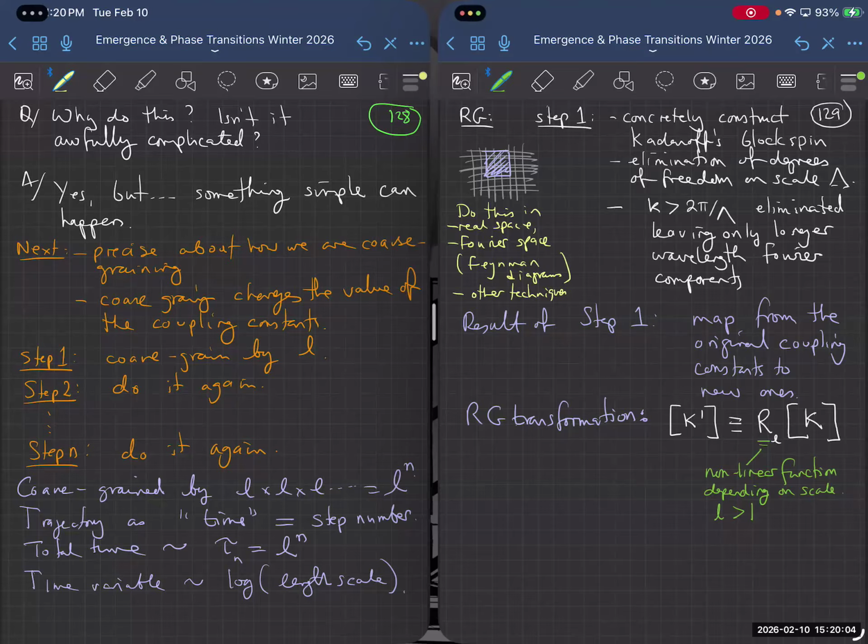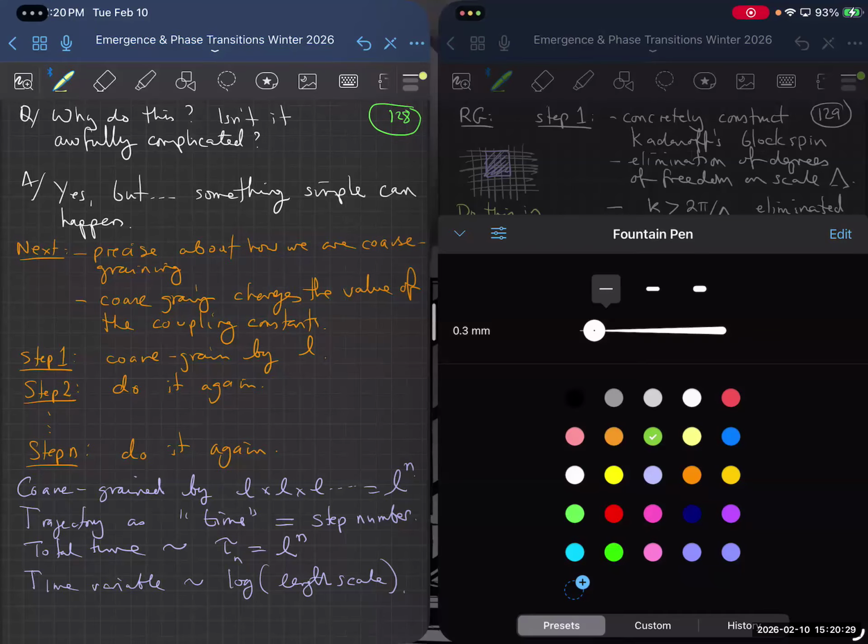Now, what I want you to know is when you're seeing that, that's not the important thing, even though it may be the thing that pays the salary of the theoretical condensed matter physicist. The real important thing is what you do with the result once you get it. So for now, we're going to focus on what you do with this renormalization group transformation once you've got it. Okay, so now I want to make some comments about it.